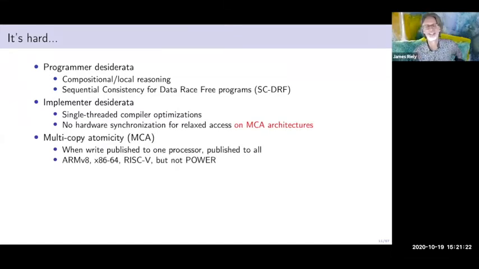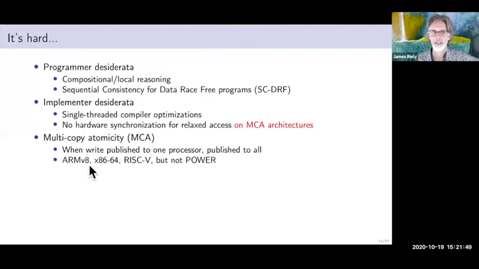So, it turns out that this is, I think, pretty much unsolvable in an intelligible way without making some compromise. So in this paper, we've decided to make a compromise, which is that we're going to give up on architectures that are not multi-copy atomic. The reason for this is that multi-copy atomic architectures have become dominant.